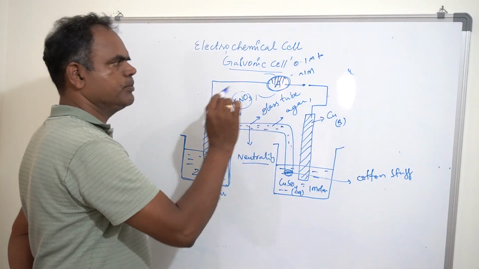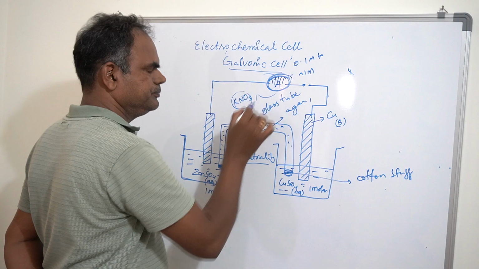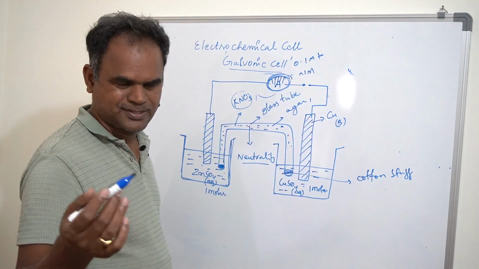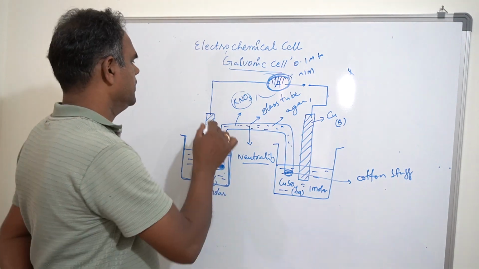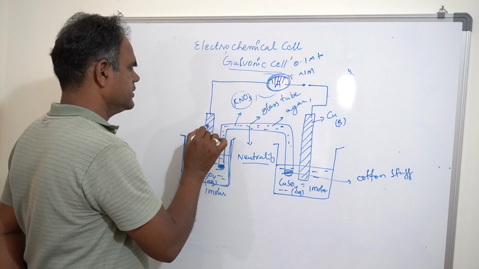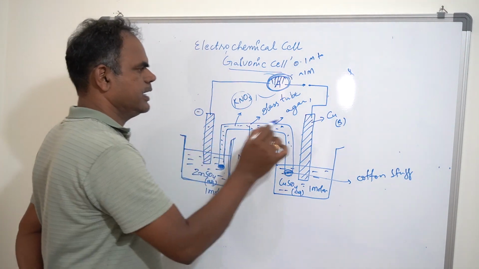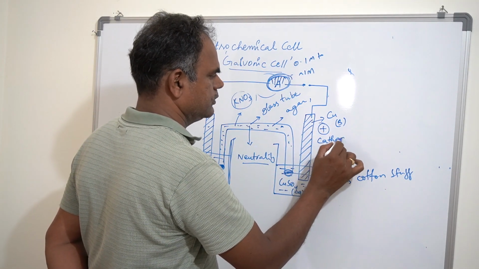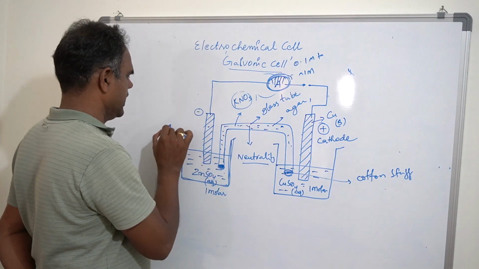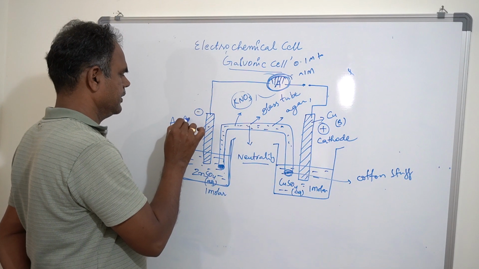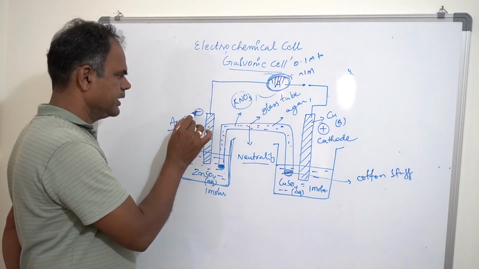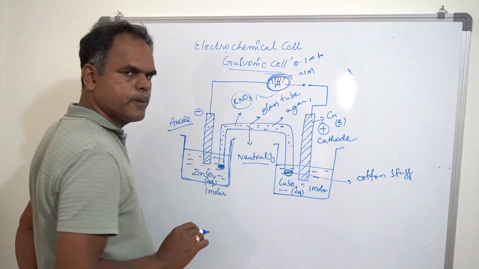Zinc is connected to copper through the wire through the ammeter to check the reading of the cell potential. So here the direction: this is a negative charge and here is the positive charge. This is the cathode electrode, here is the anode electrode. The anode electrode carries the sign convention negative here and positive here.